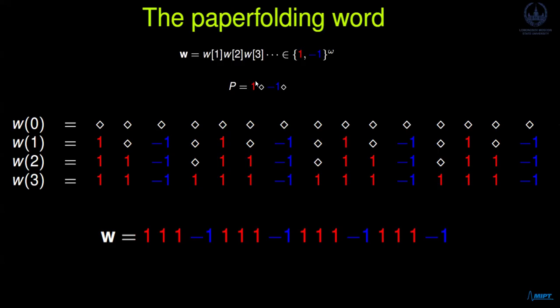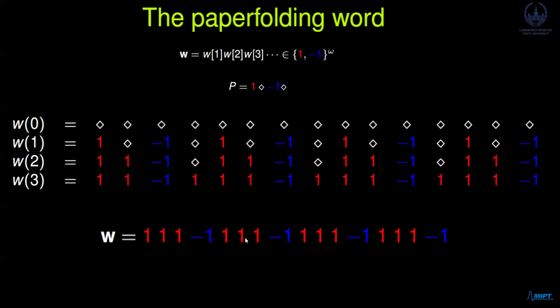as the pattern develops. The final sequence: at the bottom, we see the paper folding word converging to a periodic-like sequence of alternating ones and minus ones. You can see here we have three red, one blue, three red, one blue, three red, and so on.